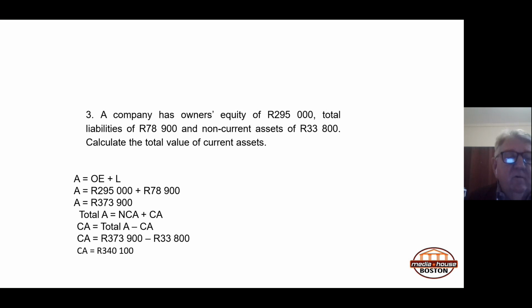So our total assets is equal to non-current assets plus current assets. Therefore, current assets is equal to total assets minus current assets. So there's a typo there.